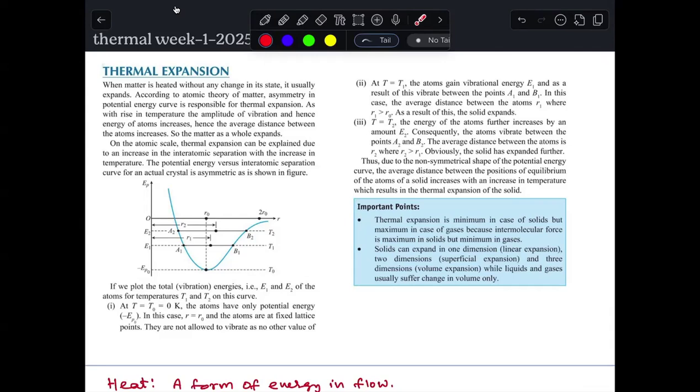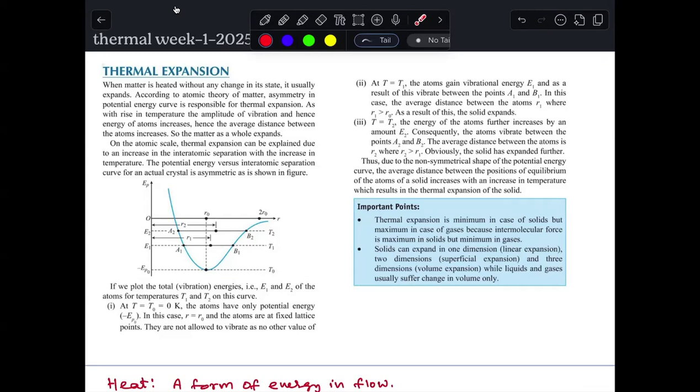Because of the asymmetry in oscillation, you will see that as I heat gradually, the average distance of separation keeps increasing. You will see an increment in the size of the object.